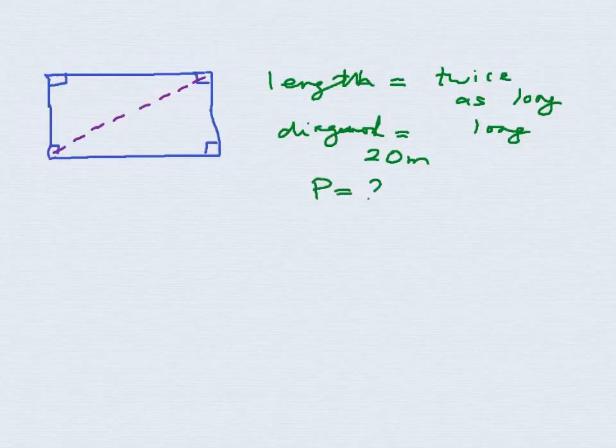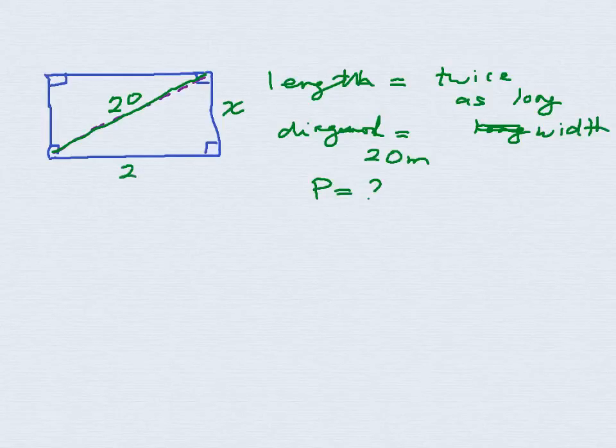So you start with what you know. The diagonal is 20. There's our hypotenuse. Now the length is twice as long as the width. So our width, the shortest side, we'll call that x, and our length is twice as long.